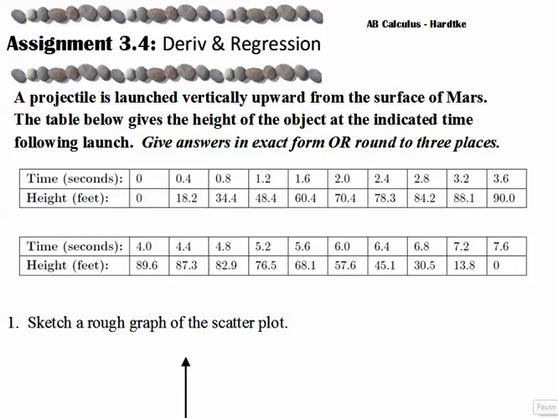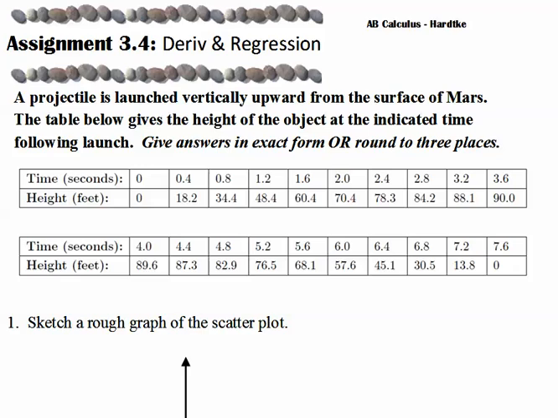This assignment 3.4 is going to give us a review of average velocity, and we're also going to see again how to do regression equations using your TI-89. Okay, so first we have a lot of data points for a vertical motion problem.